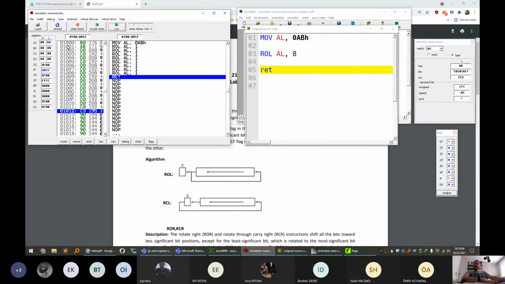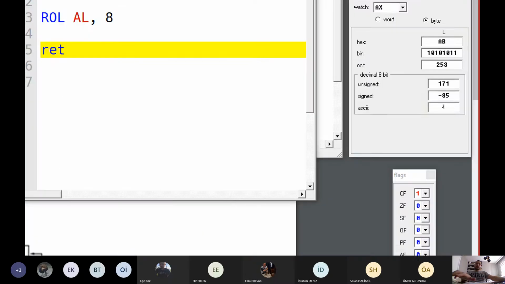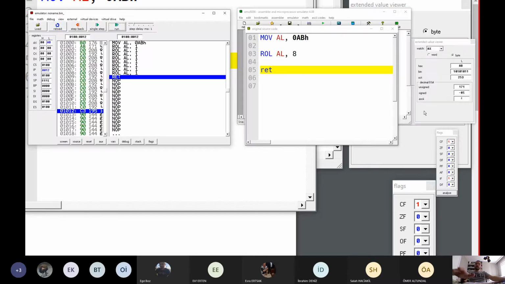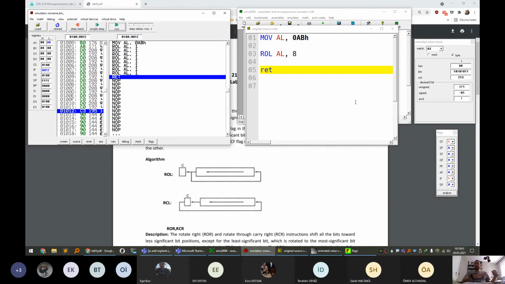After 8 rotations, please look at the AL value. AL is turned back to its original value. Okay? So rotate is different from shift because rotates within self. Shift just goes away to left or right. So be careful.